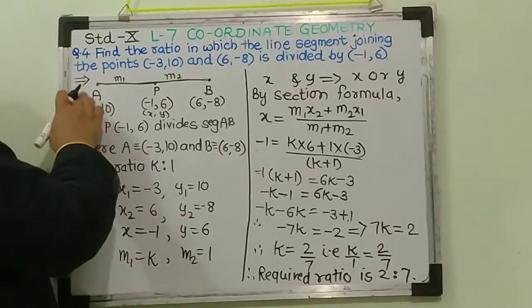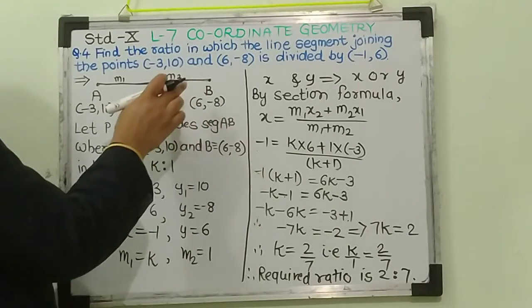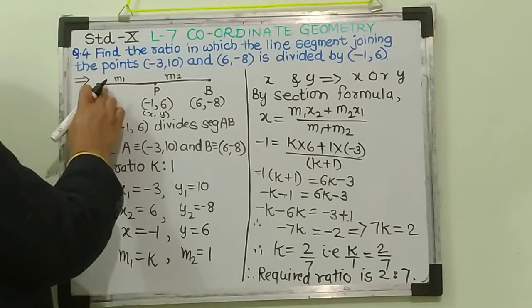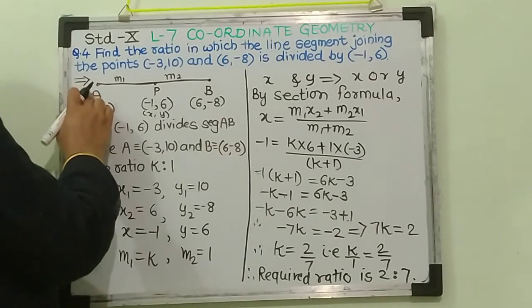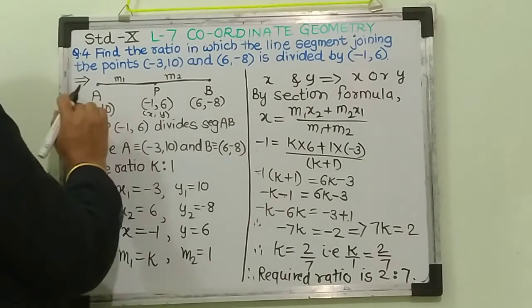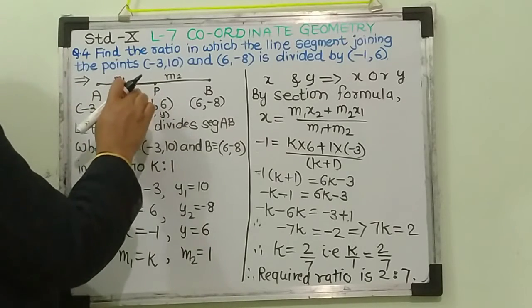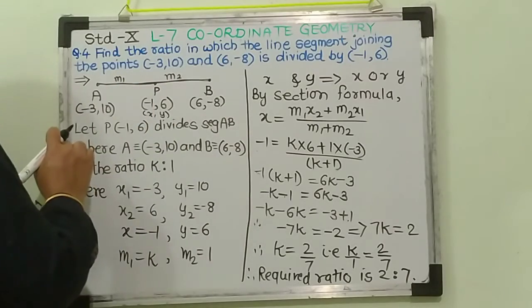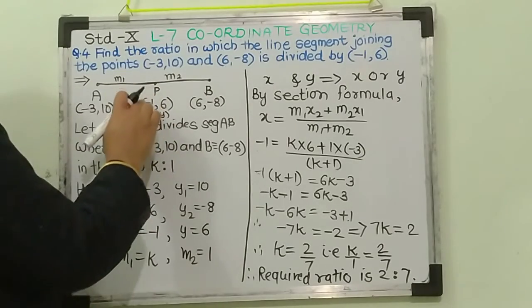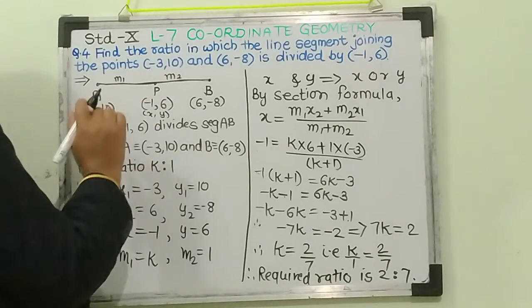So again I am going to explain here. See here, A and B are the points, or we can say the coordinates of a line segment. Now P is a point which divides the line segment AB, whose coordinates are given, -1, 6.